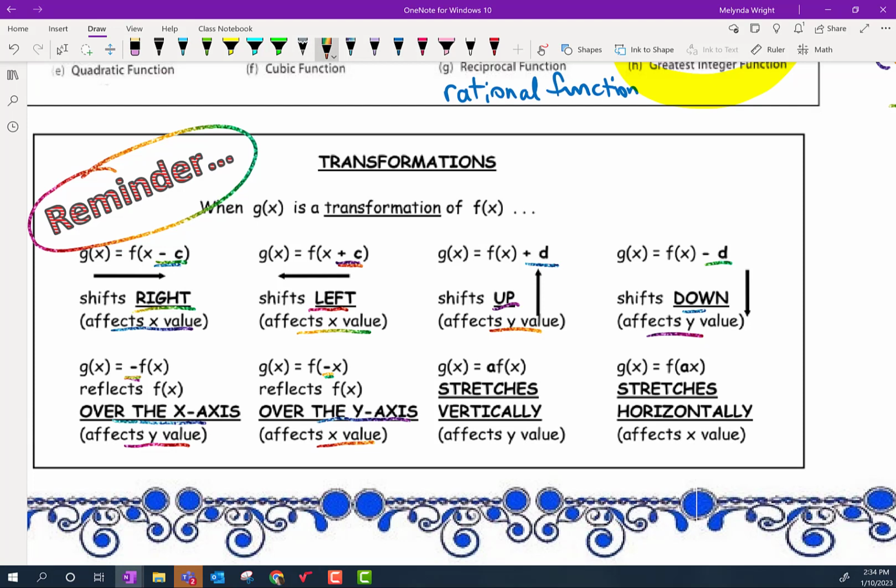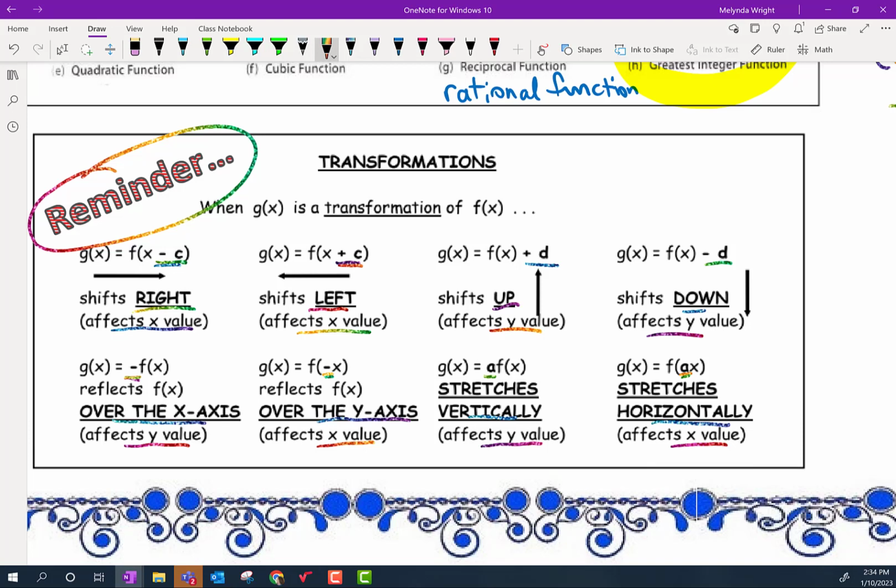If it's just a plain old number outside, it's a vertical stretch and it changes the y value. If the number is inside, it stretches horizontally and changes the x value.